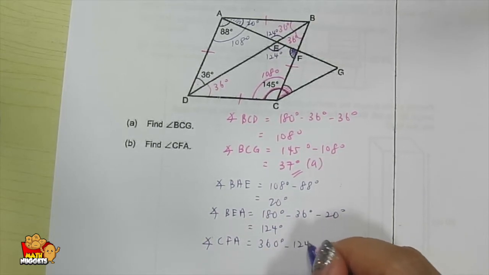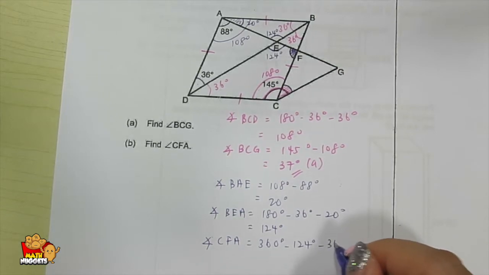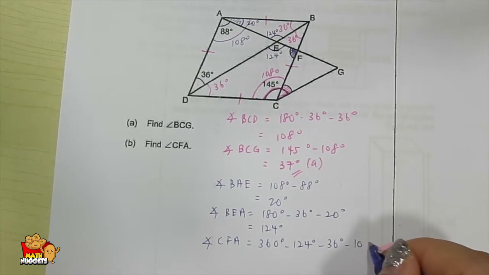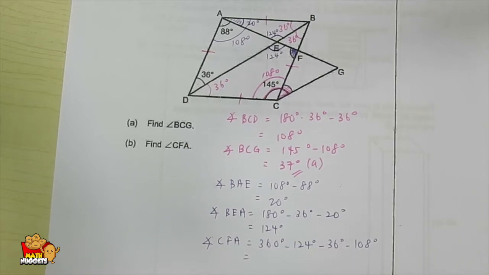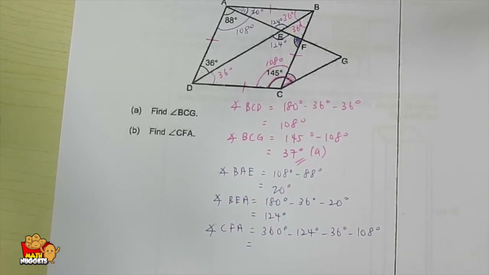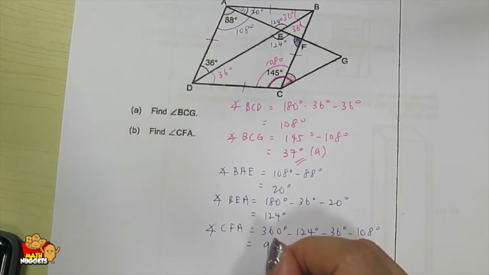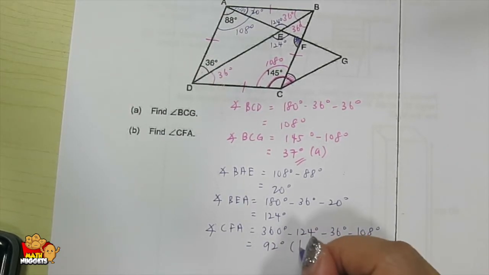Minus 124, minus 36, minus 108. 360 minus 124 minus 36 minus 108 is 92 degrees. That's the answer for part B.